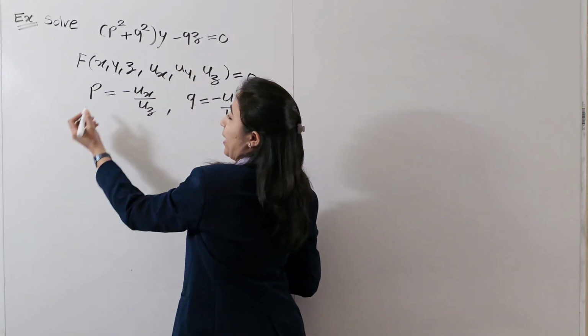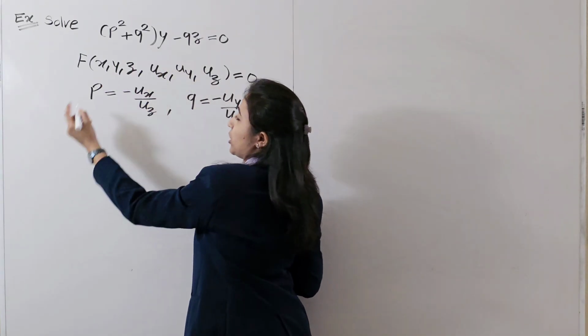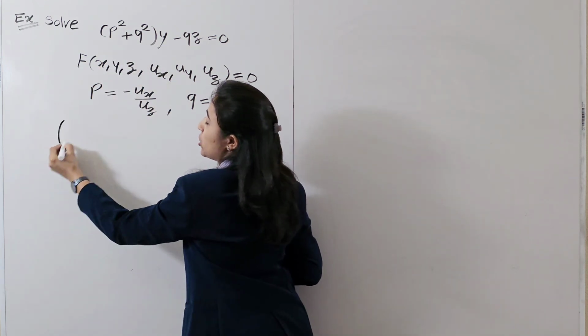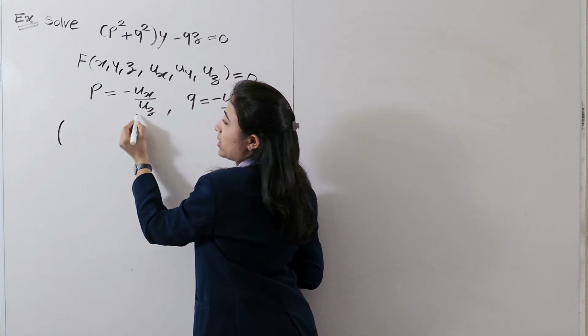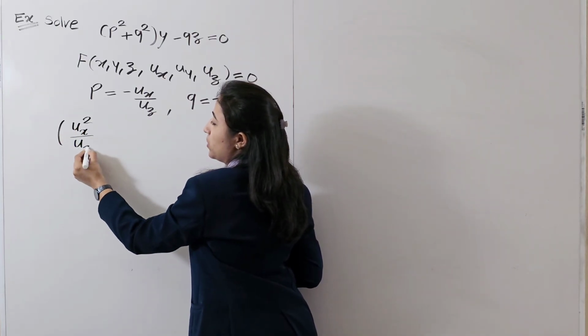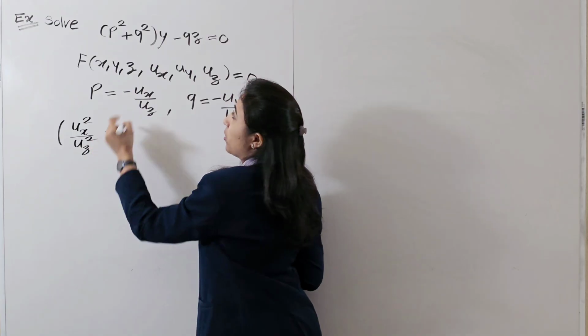So here, if we put these values of p and q in this equation, p square means the negative term squared, so you will get ux square divided by uz square, plus q square.